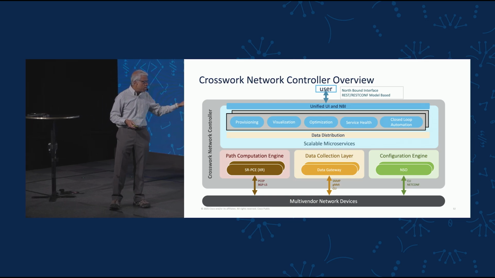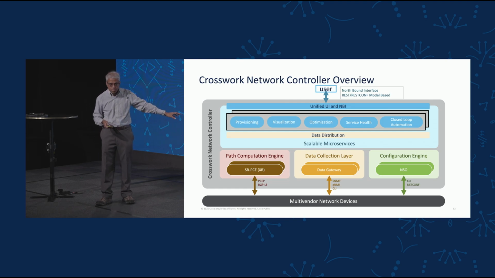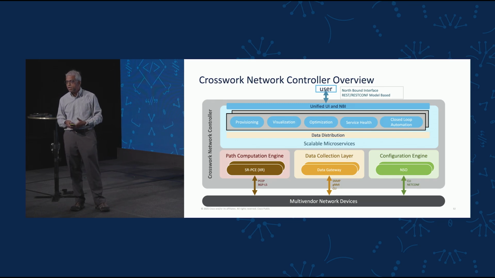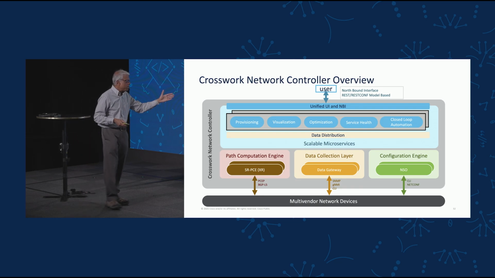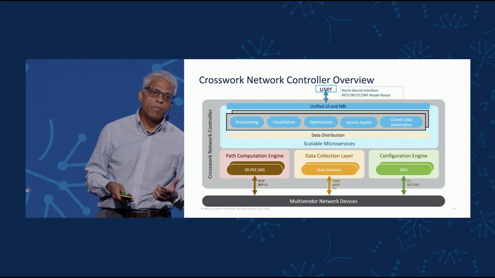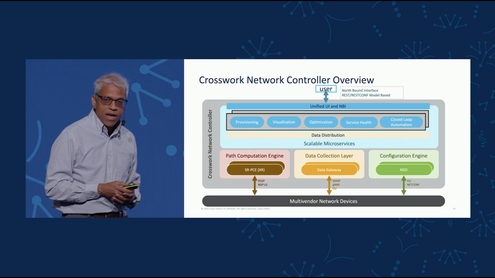Now, there is another layer of components that you see. These are the things that are going to talk to the routers themselves. And this is where you can see the multi-vendor network itself at the bottom. You want all these interfaces to be standards-based or industry standard so that it can be easily deployed in a multi-vendor network. Starting from the left, the path computation, this is where we get the real-time path computation capability, and that's actually part of our IOS XR.